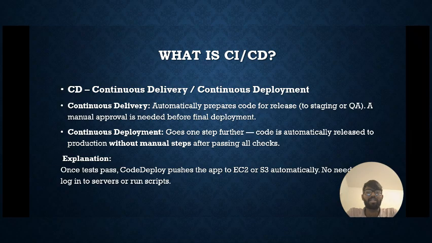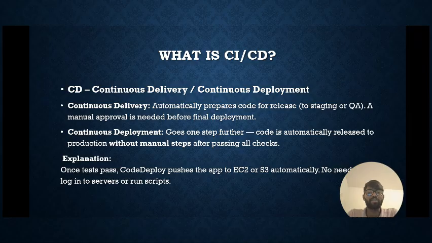What's the meaning of CD? Continuous delivery. CI/CD means continuous integration and continuous deployment, or else continuous delivery. In continuous delivery, the pipeline automatically prepares the code for release. It will go for tagging or question and answer. A manual approval is needed before final deployment.